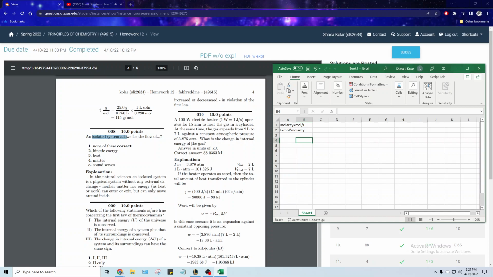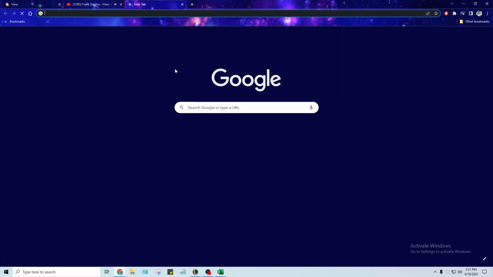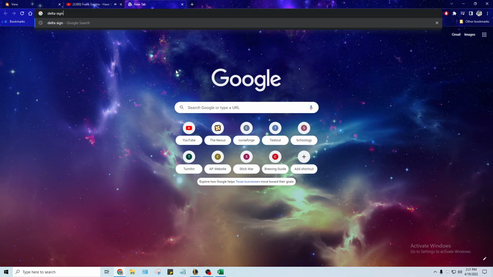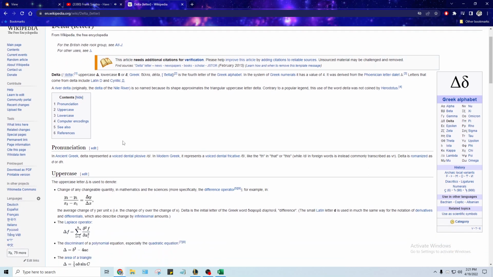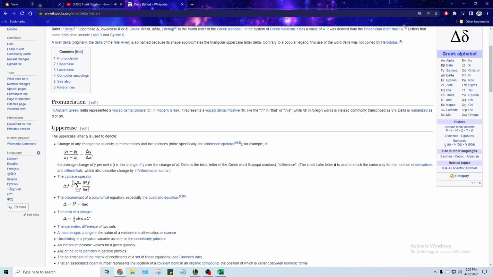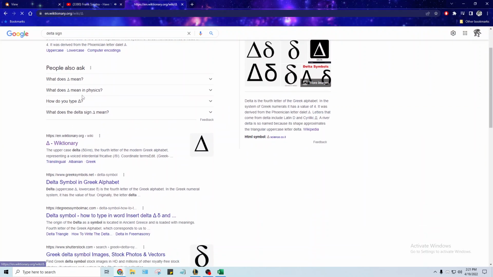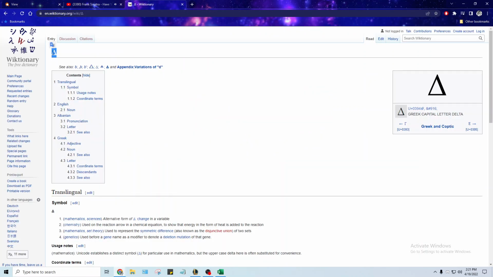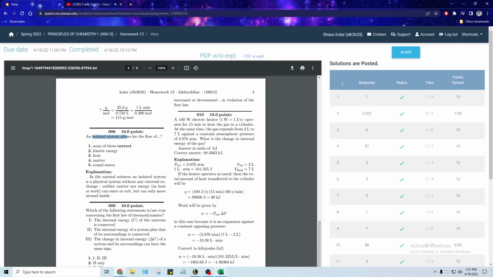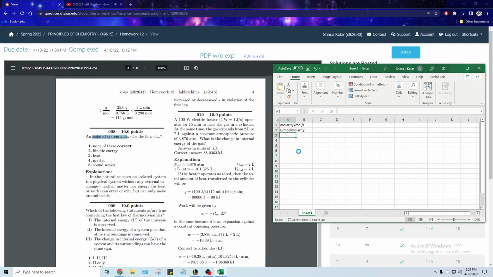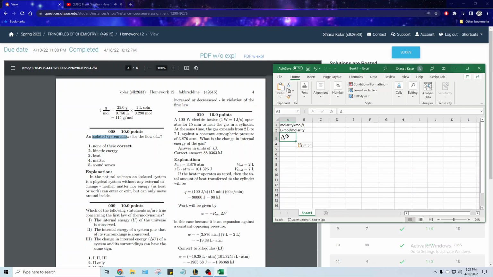Then we do have change in E. So this one has, I need to get my delta sign. Here it is. No, it won't let me grab it. No. There we go. There it is. Grab delta. So we have, oh, it's a little bit big.